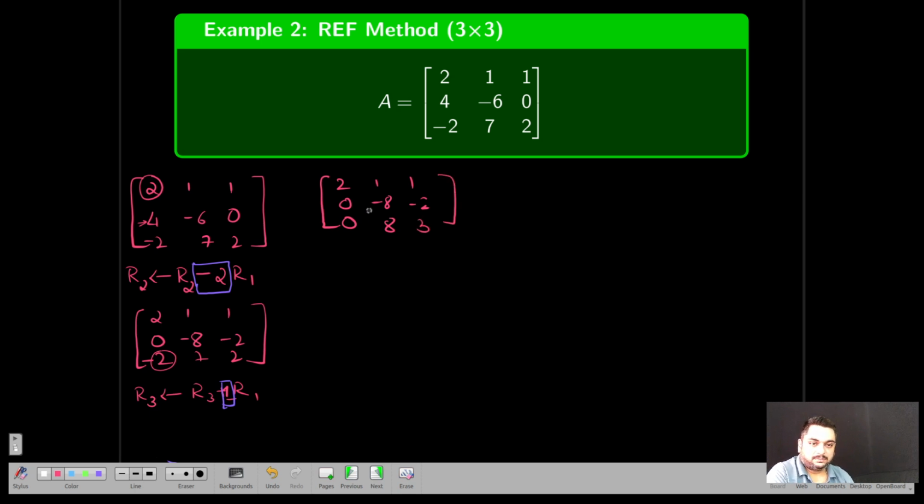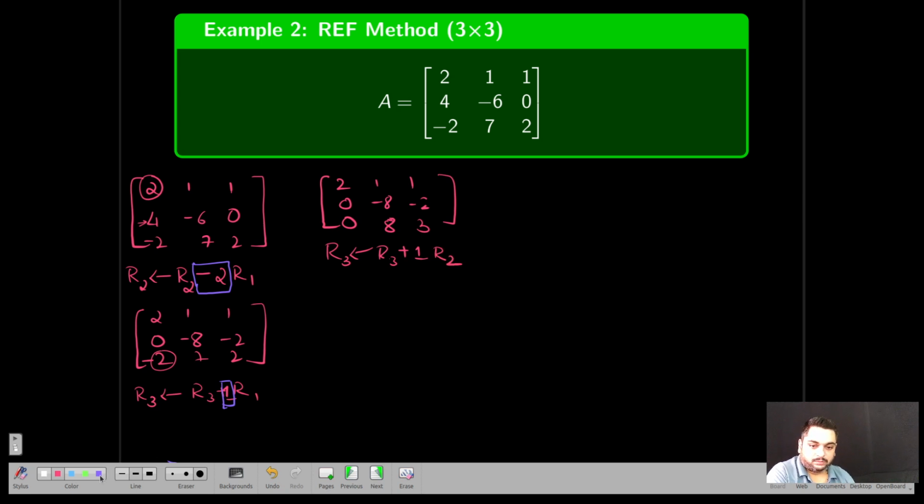Still it is not in triangular form. So I have to make this element 0. This minus 8 is the pivot element. Make the element below it 0. So how will you make it? Next, R3, if I add these 2 rows, it becomes 0. So R3 plus again 1 R2.